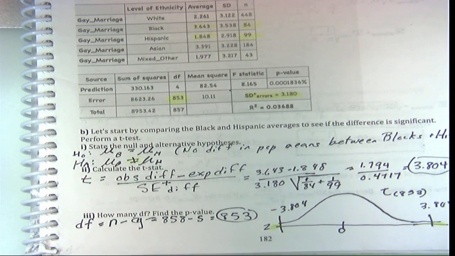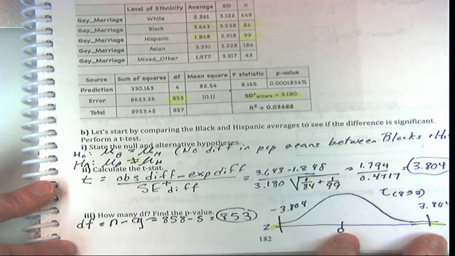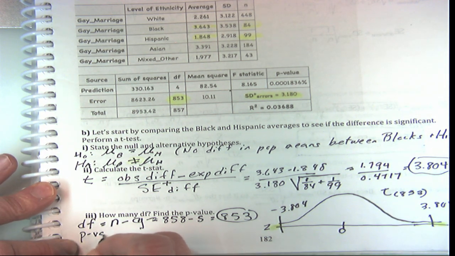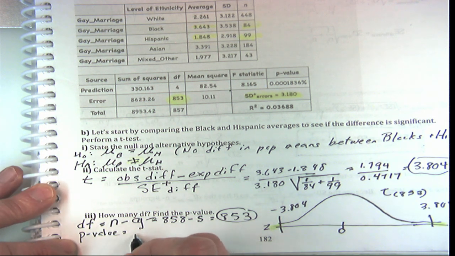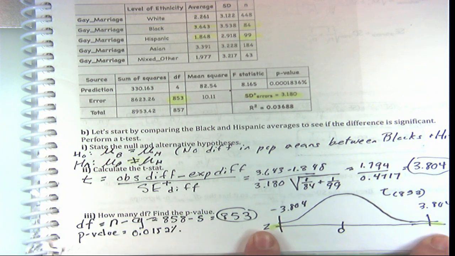Okay? So, what do we get? When I did that, I got a p-value that's really tiny, equal to 0.0152% in the two tails.